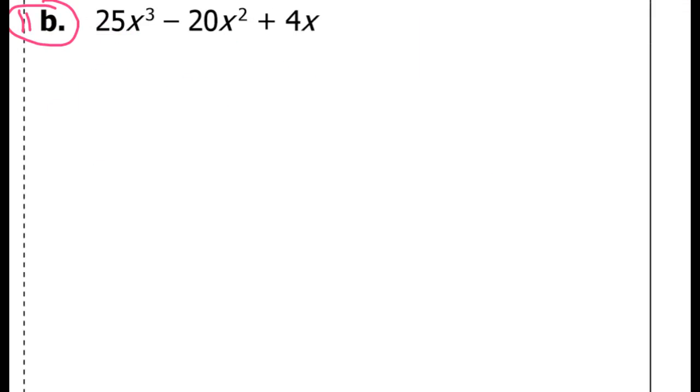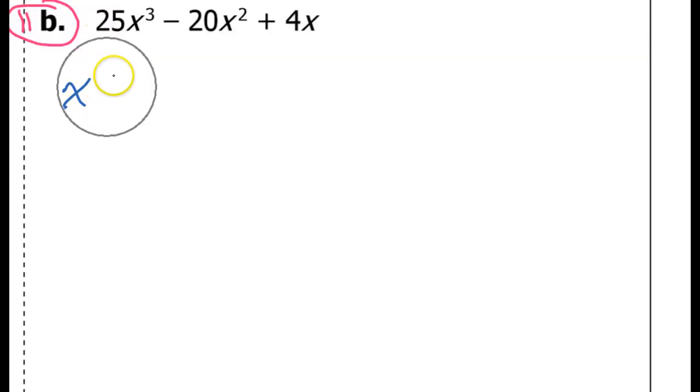This is interesting. Looking at these numbers, I don't see a single number that divides into all three of these. So there is no GCF other than 1 as far as 25, 20, and 4 go. However, all three terms have variables. So that's why there is a GCF. It is just x. I'm going with the smaller amount.